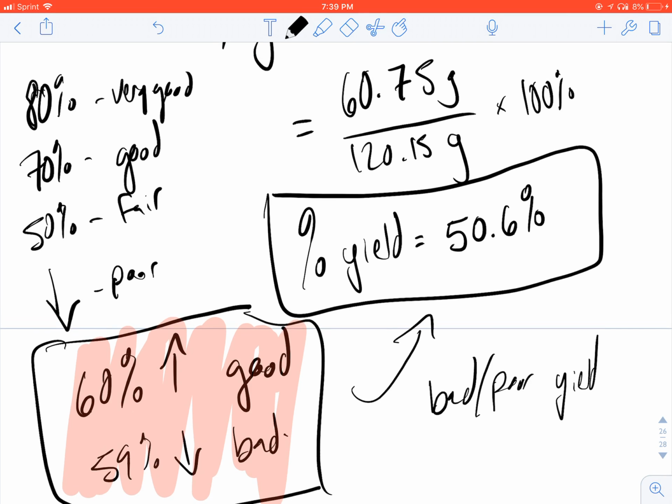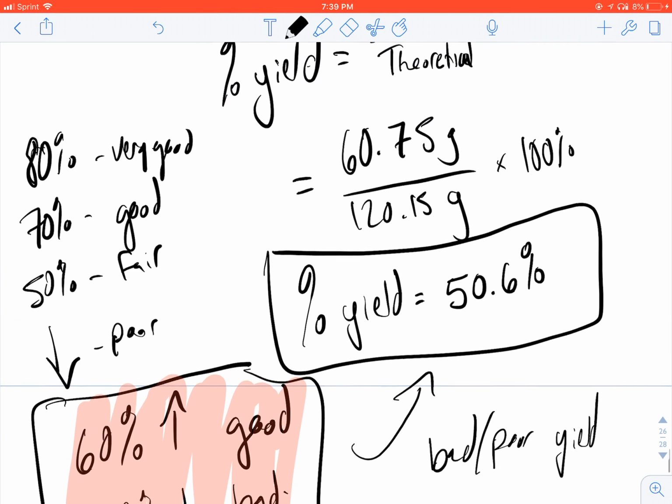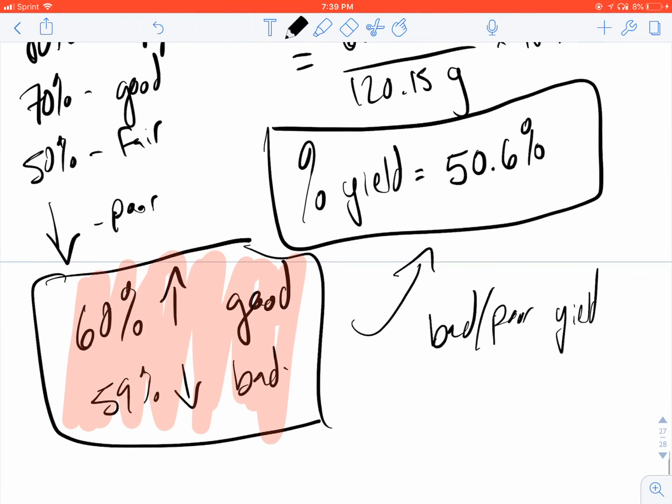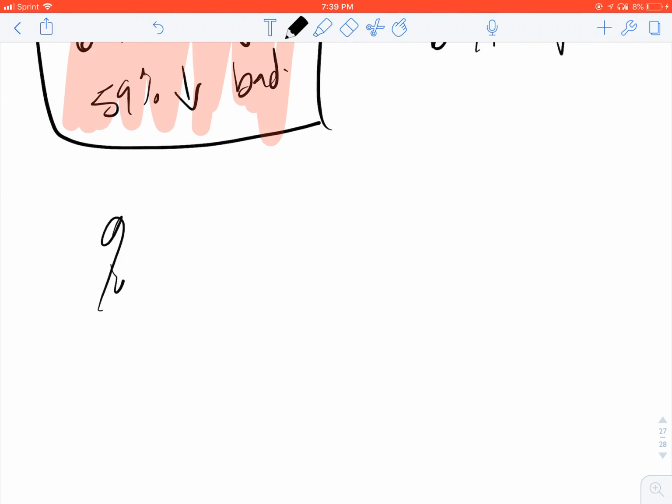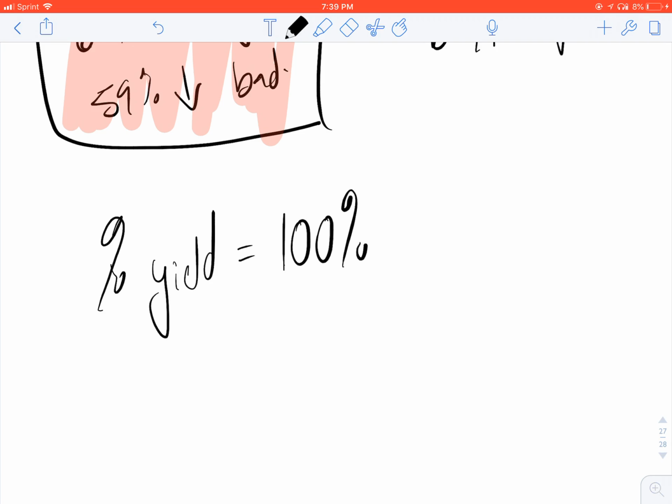Now, one question that might come up is, can we get a percent yield equal to 100%? Is it possible that an actual yield is exactly the theoretical yield?